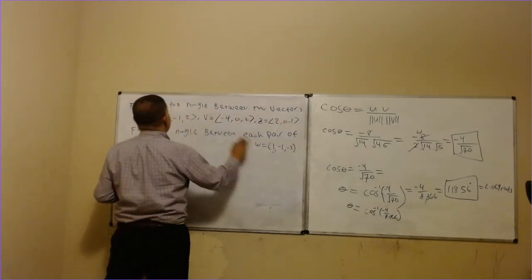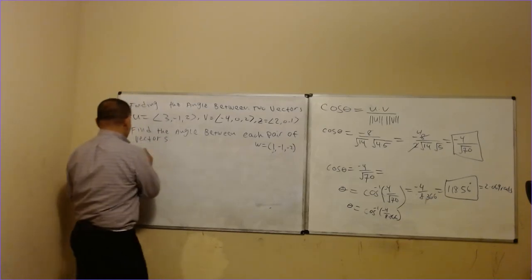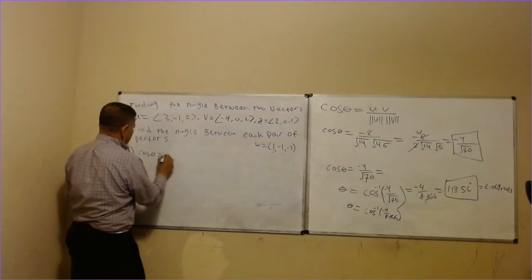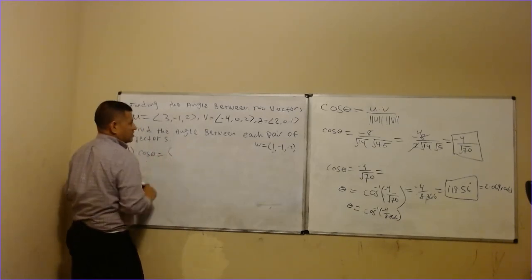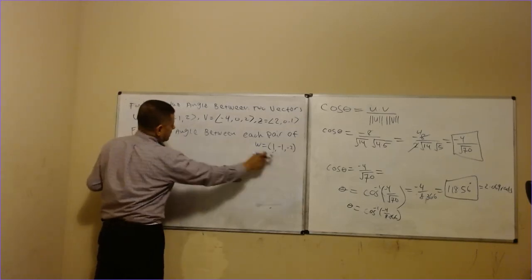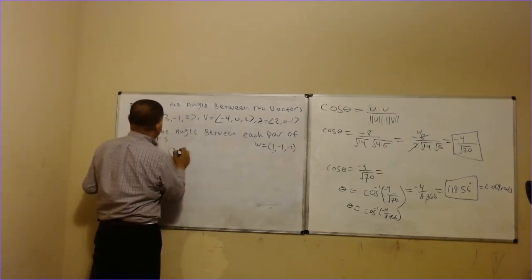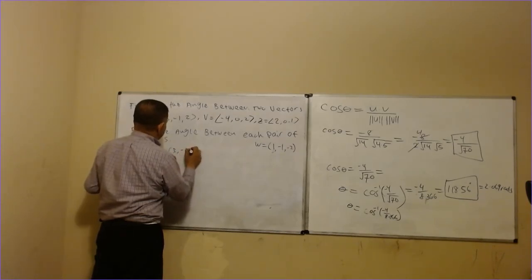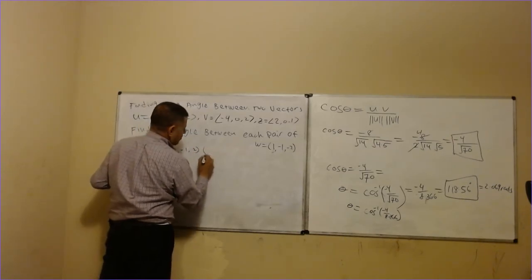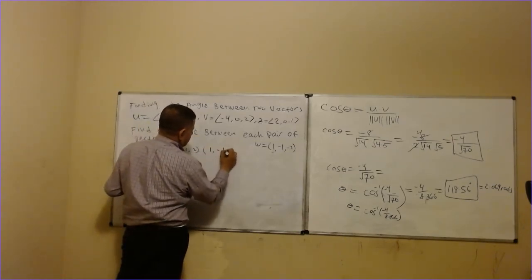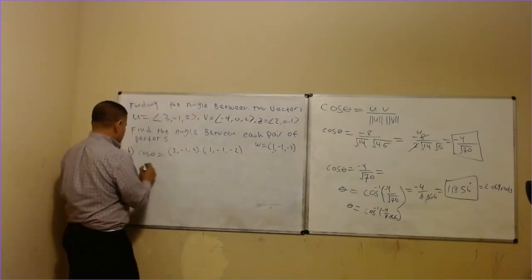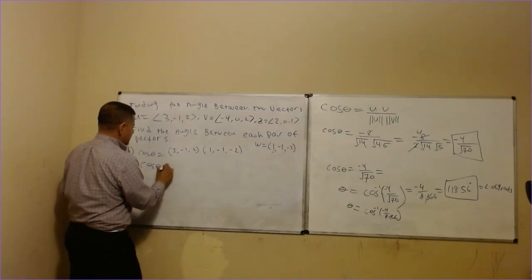So let's do W and U dot W, which is what? Cosine of theta is equal to what? Using the formula, it's going to be W, which is (3, 1, -1, 2), dotted with (1, -1, -2).